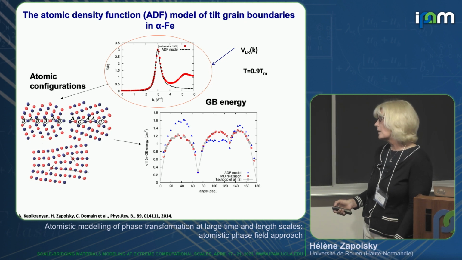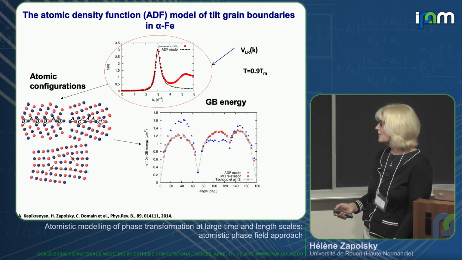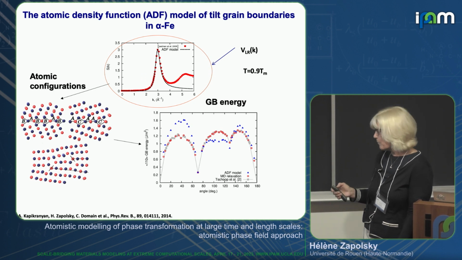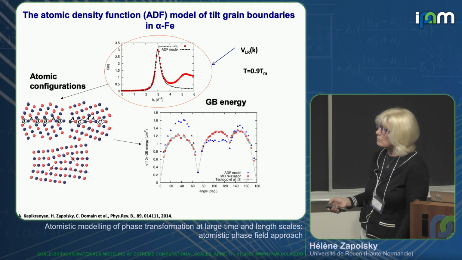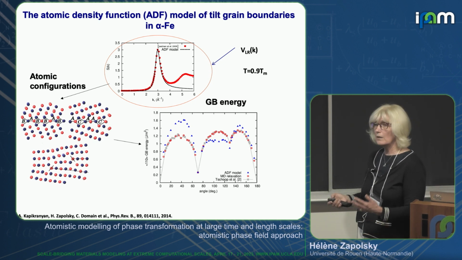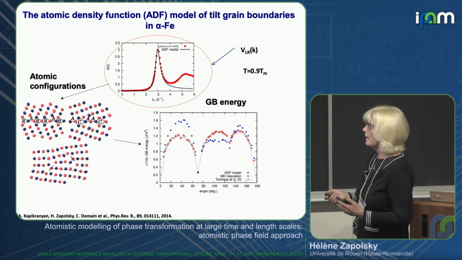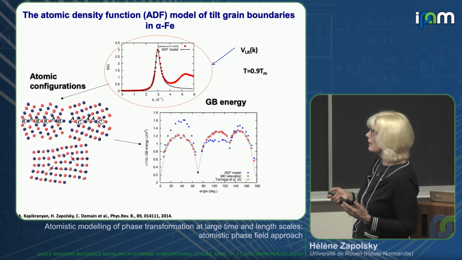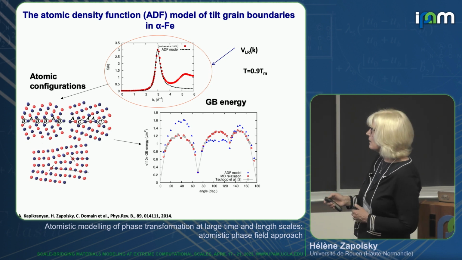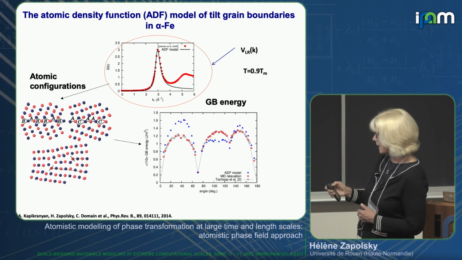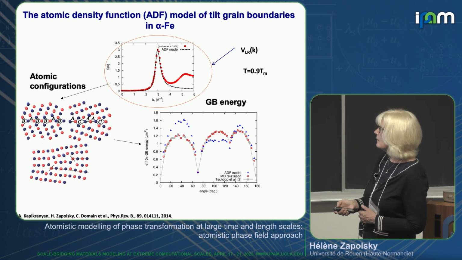And this gives us some idea of what happens with the grain boundary at high temperature. As you can see, the free energy of some grain boundaries will increase, and some of them will decrease. So I think it can be very useful if we work with real materials and not, of course, at T equals 0. In this case, we can predict the evolution of the grain boundary at different temperatures.